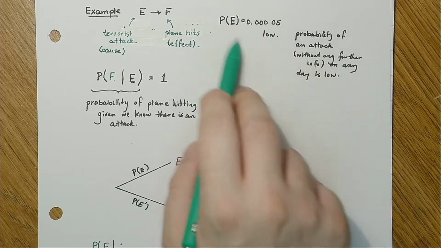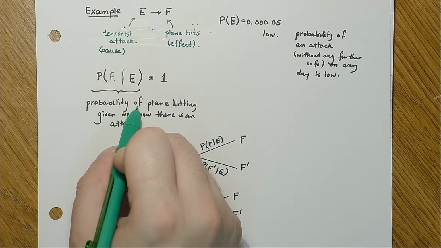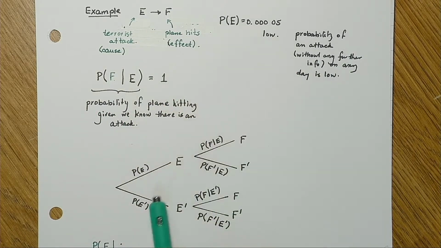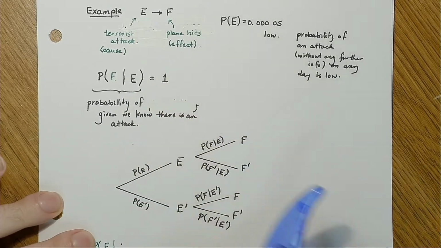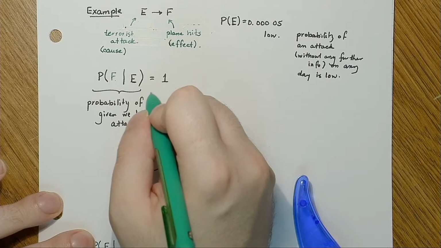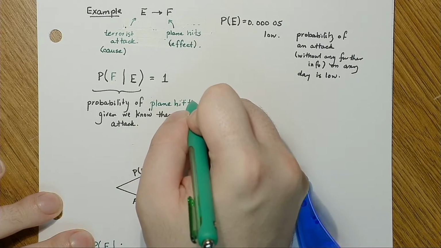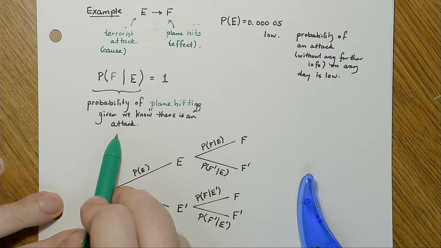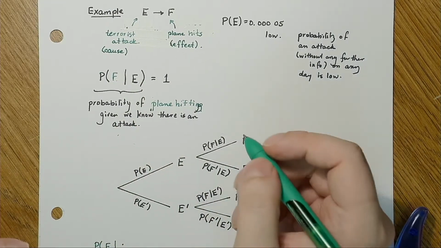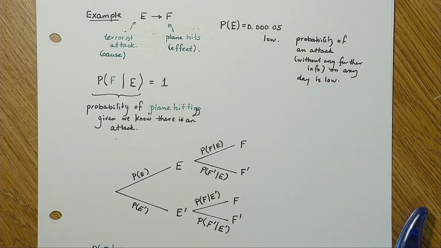So now here's my cause, here's my effect. The cause is quite low, so an attack occurring is quite low. This one is a probability, and then over here is not. We'll say the probability of a plane hitting is quite high, given that there is an attack. Okay, so this makes a little bit more sense, just changing the letters to make sure that this is making sense.